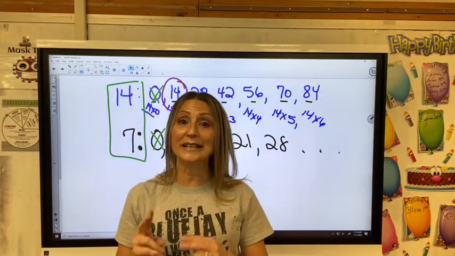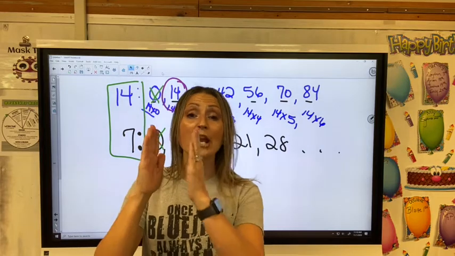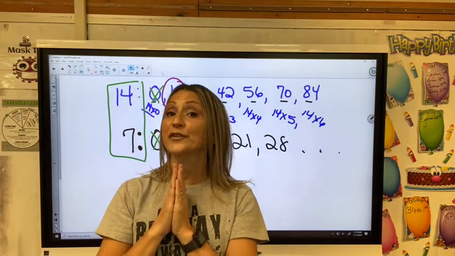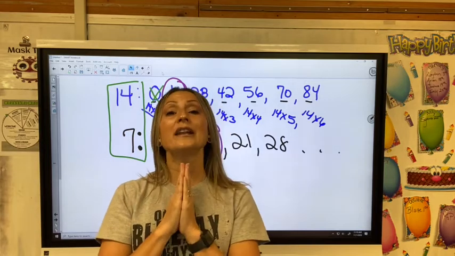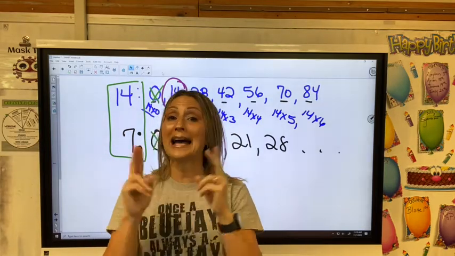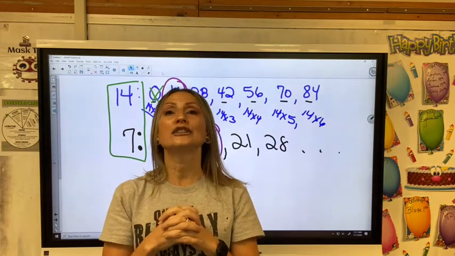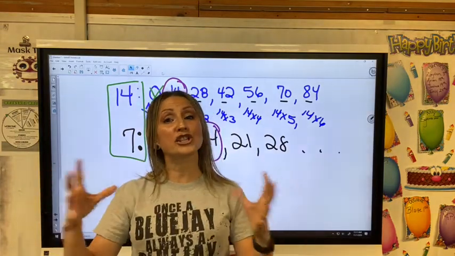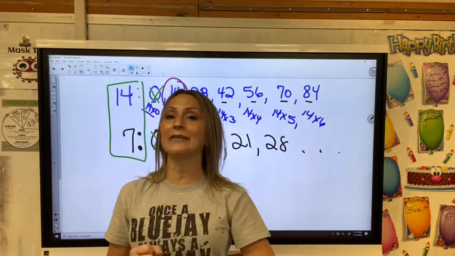And so a few things I want to reiterate to you as we open up this introduction. Greatest common factor stands for the greatest number, the factor, that a set of numbers has in common, that they have alike. So you're looking for the largest number that two or more numbers have in common.